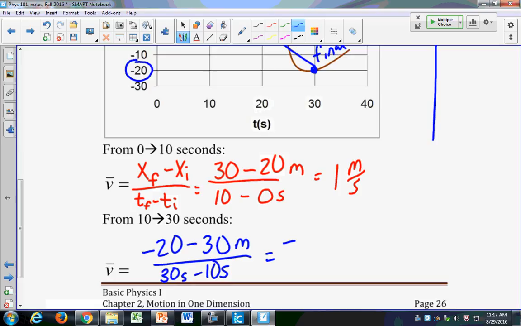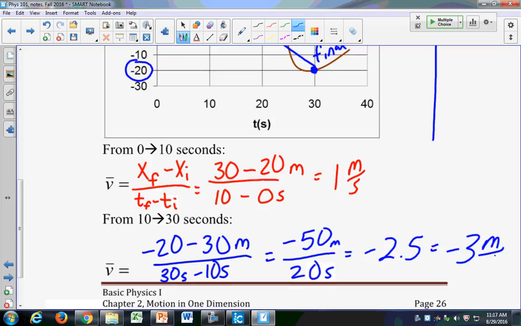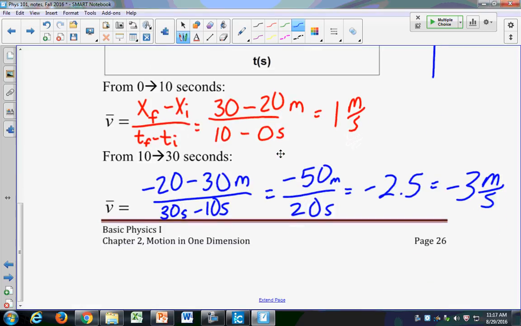And that's going to be minus 50 divided by 20, or minus 2.5, or actually it would be more correct to say minus 3 meters per second. Okay, notice it came out negative, and we know that it should be negative because of the way it looks on the graph.